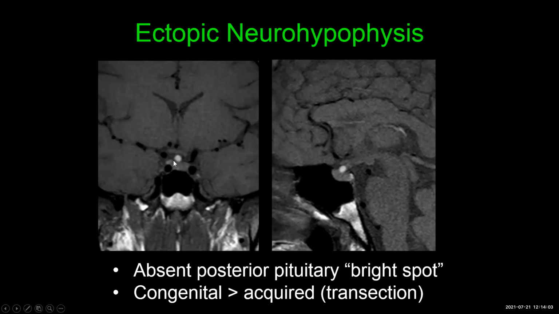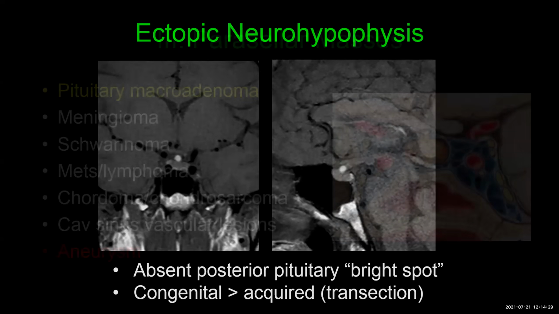So we may end up with a little round bright spot above the pituitary gland instead of on that posterior margin. So that's called an ectopic neurohypophysis, which is kind of an easily recognizable sort of congenital variant. Sometimes it may reflect trauma because of transection of the infundibulum in the setting of really severe kind of shearing trauma.